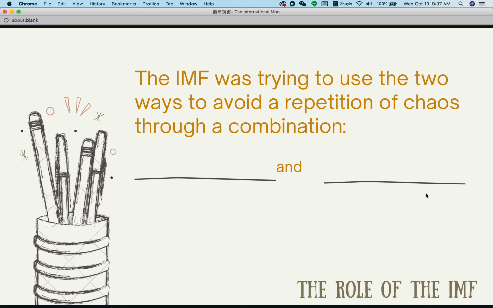The IMF lending facilities and adjustable parities. The IMF stood ready to lend foreign currencies to members to tide them over during short periods of balance of payments deficit, when the repetition of monetary or fiscal policies would hurt demand and employment.